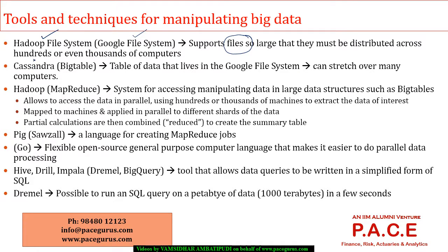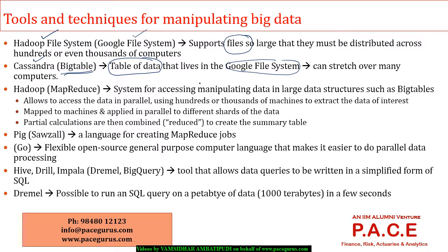Similarly, we have another technique called Cassandra, which is equivalent to Google's Bigtable. When I say Cassandra, it's nothing but a table of data that lies in the file system.